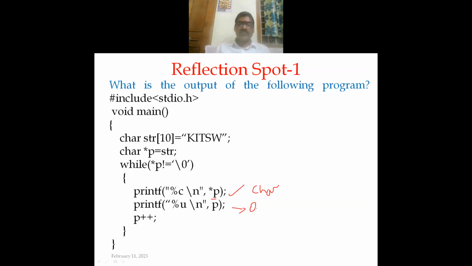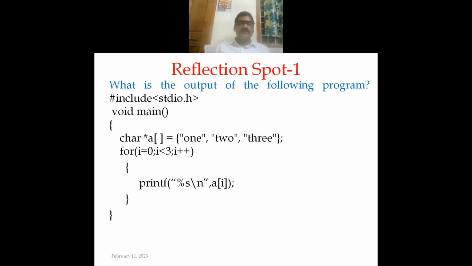So p is going to print the address, whereas star p is going to print the character. And p plus plus means you are incrementing the pointer to point to the next location. If you are not able to answer this question, please refer to this video and watch it from the beginning.